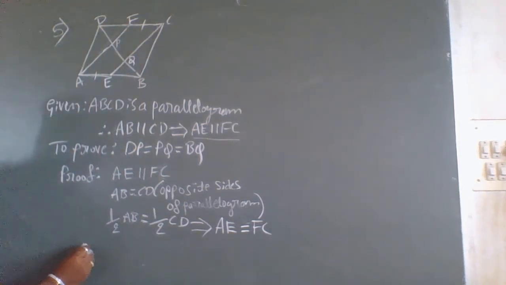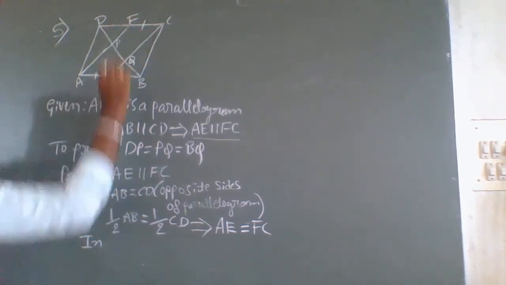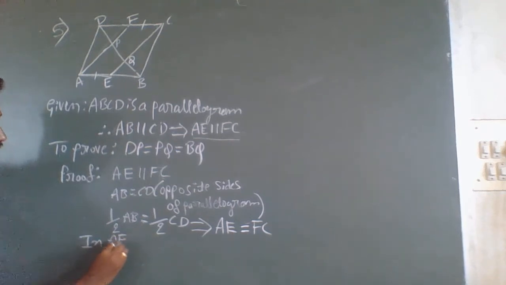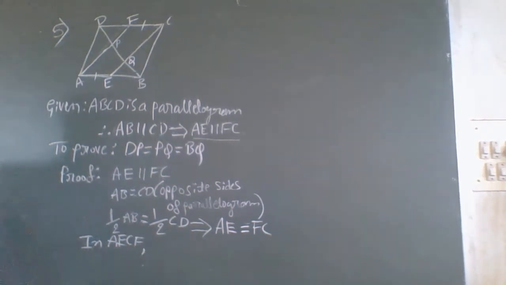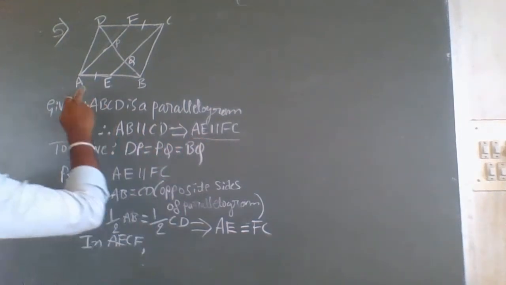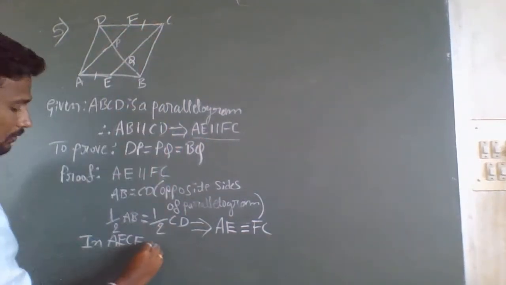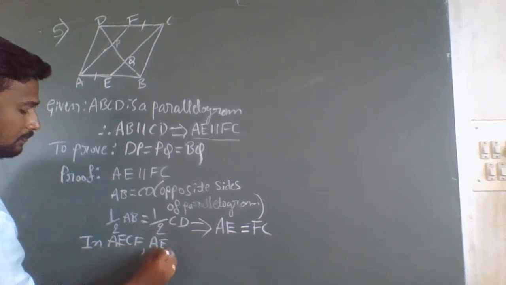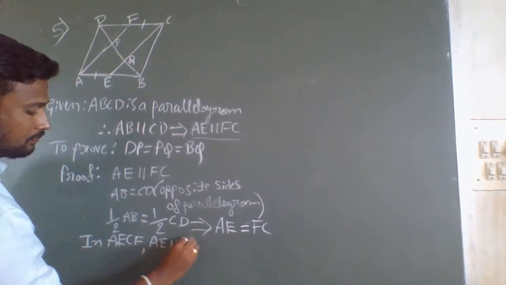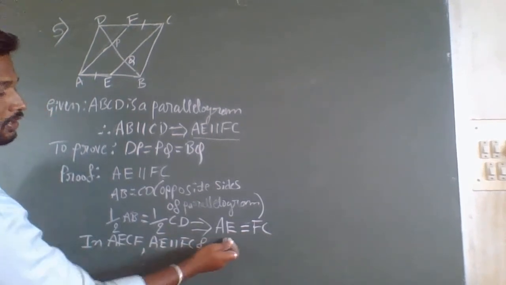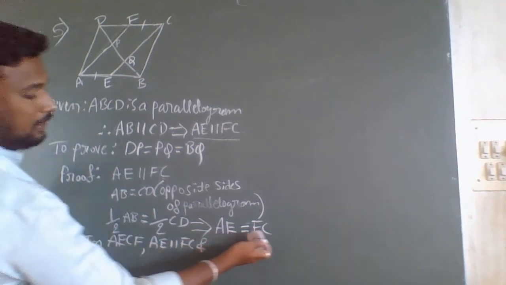So here in quadrilateral AECF, we put AE is parallel to FC, and we put AE is equal to FC.